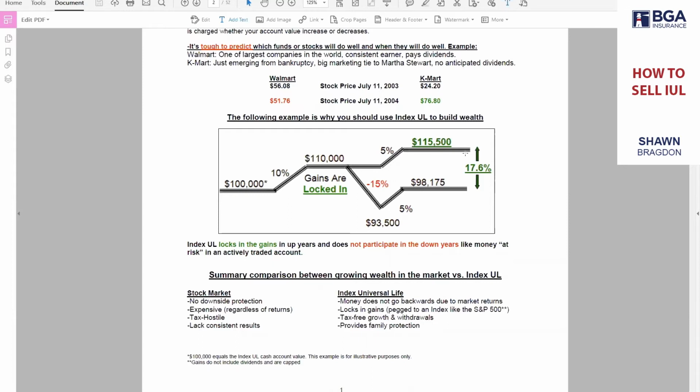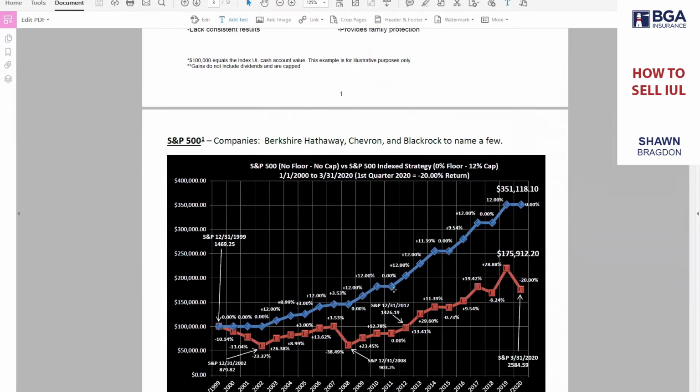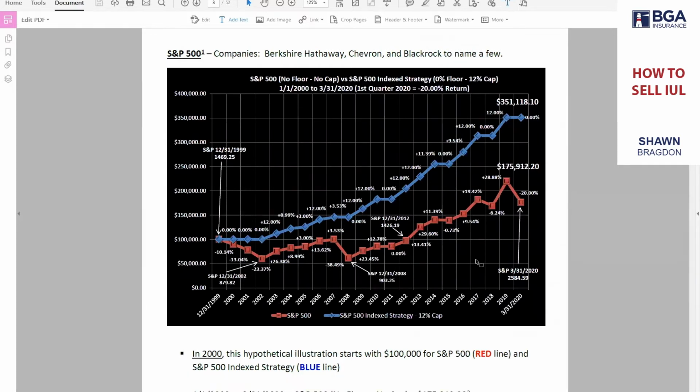And your total return in this example is 115.5, which is a 17.6% improvement over a traditional equity investment. Most retail customers get this, and again, index UL, in my opinion, is far and away the most complicated product out there in the insurance space. And if your client doesn't understand it, they are less likely to buy.